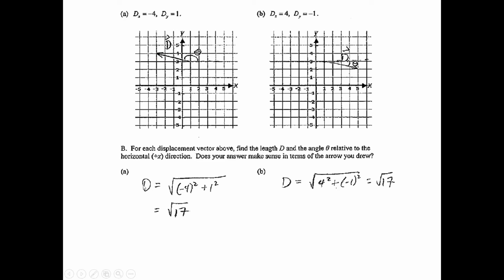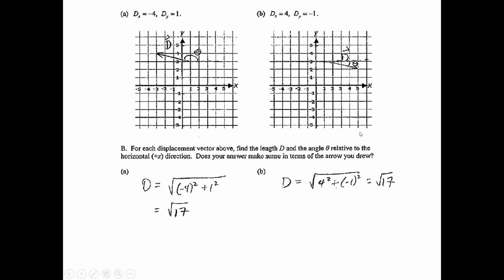So we can just think of the answer as: the length of the vector d is the x component squared plus the y component squared, square rooted. And when we do that in this case, we get the square root of 17. I didn't really put units on this, but maybe if x and y were in meters, then this would be in meters as well.